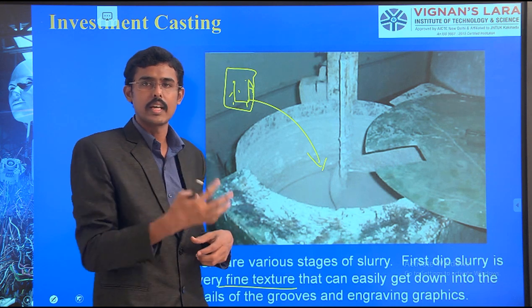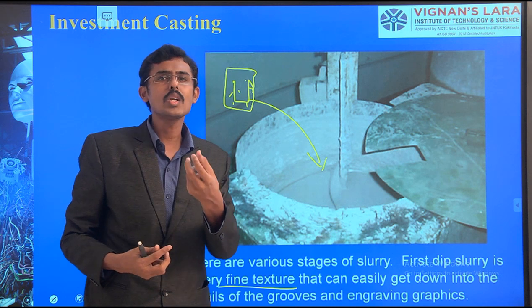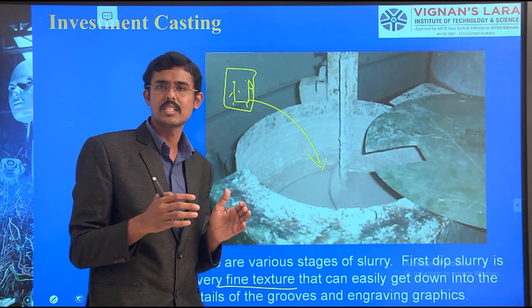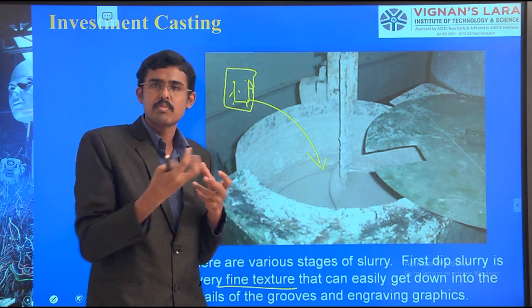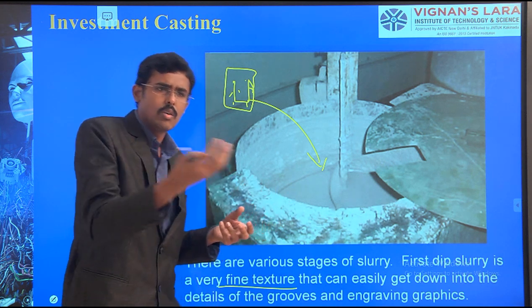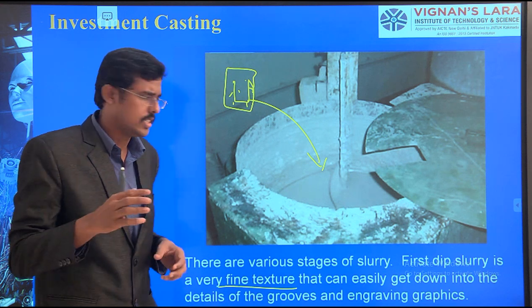Now for the second layer and the third layer, we can have a coarser slurry material because the first layer is already covered. The complex design has been captured. The fluid went inside and captured the design. The outer layers may be coarser. We are not bothering about that, as the outer region is for thickness, for a strong shell mold. Okay, so now the second stage.